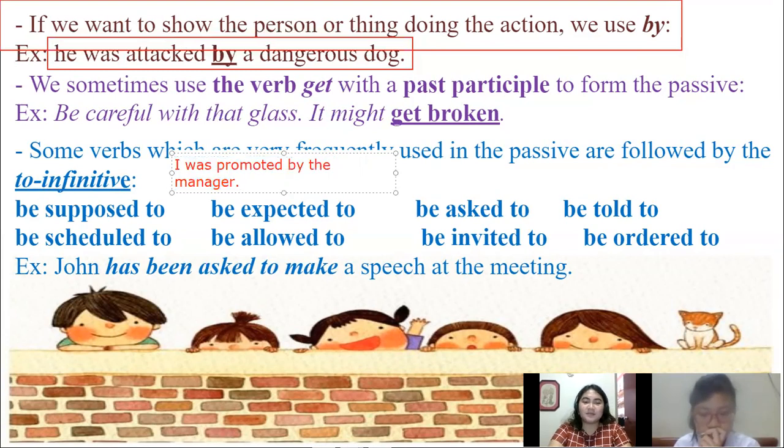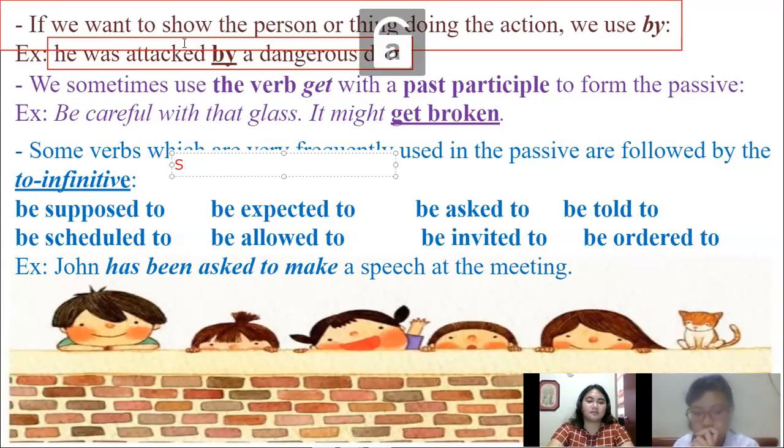How about you? Give me only one. Just one example. She was beaten.